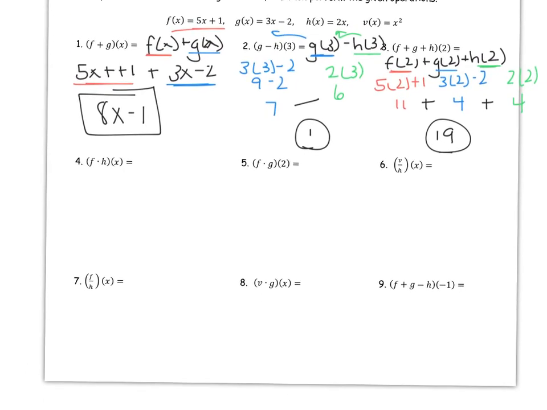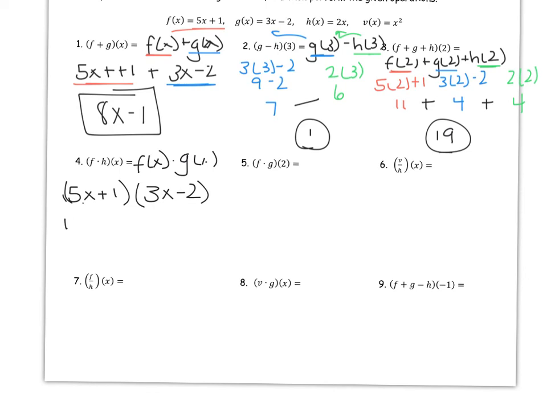Let's look at number 4. F of x times g of x. F of x, which is 5x plus 1, times g of x, which is 3x minus 2. How do I solve a problem like this?